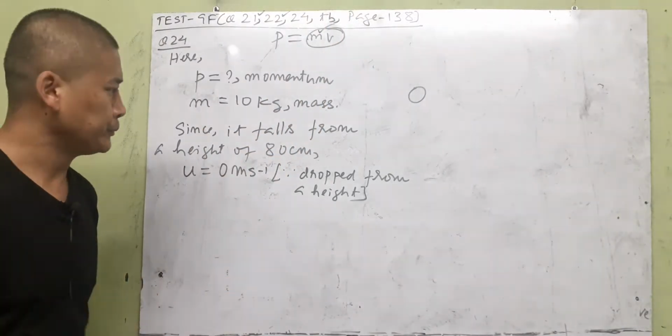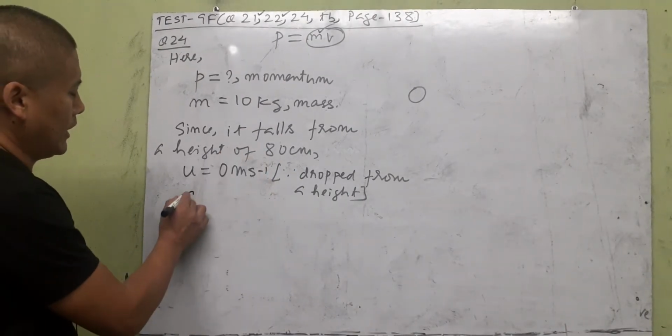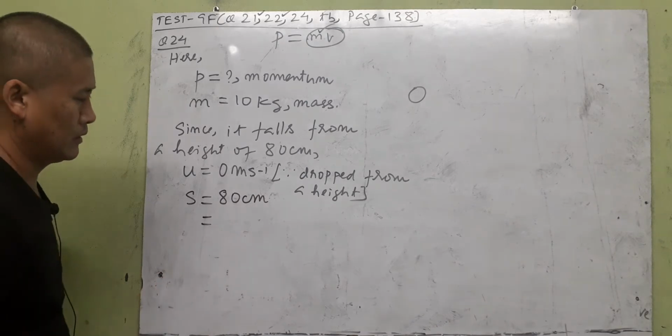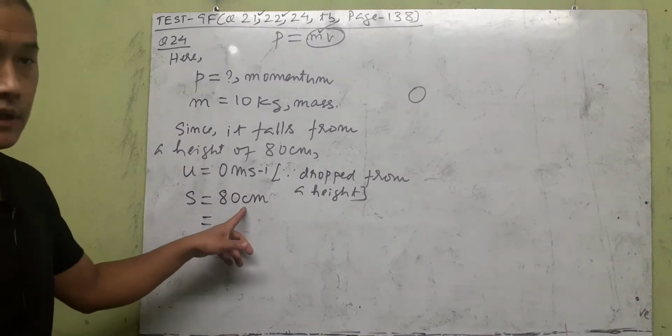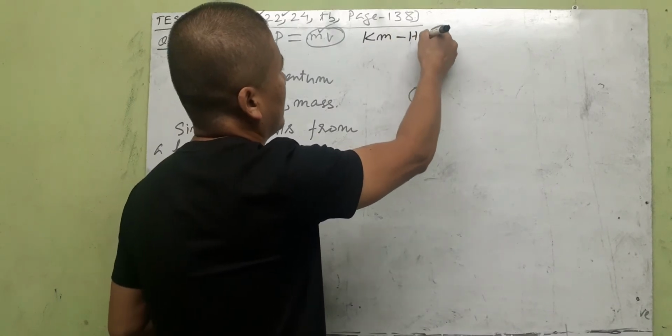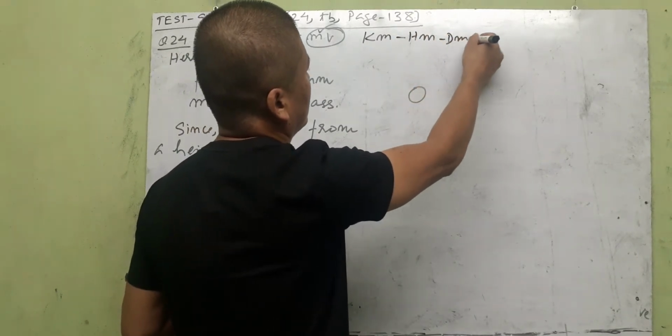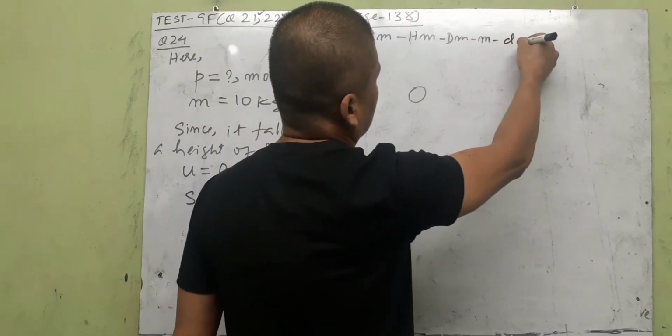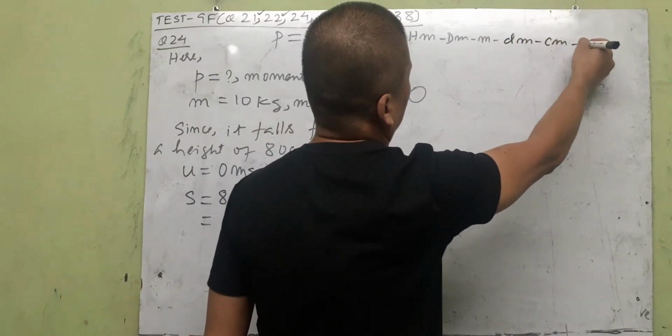You know that, right? Then this is distance, so S is equal to 80 centimeter. But this is not SI unit, so we need to convert. The ones we are familiar with: kilometer, hectometer, decameter, meter, decimeter, centimeter, and millimeter.